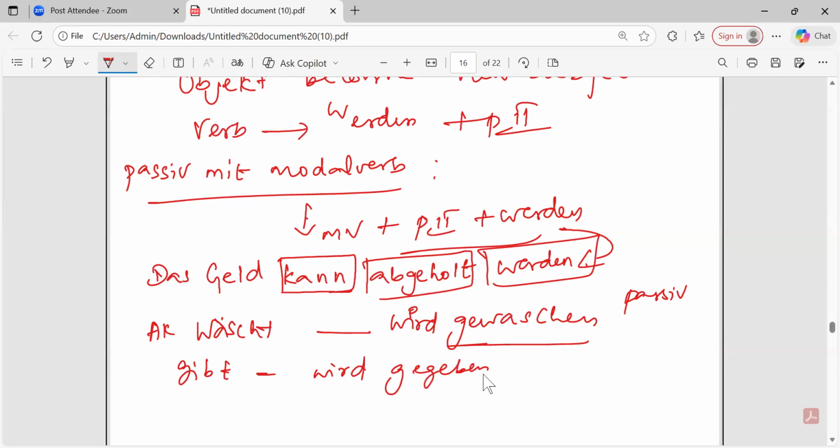Understand? Yes, ma'am. Participles like these. Any doubt? No, ma'am. Okay. So this is the pathway.